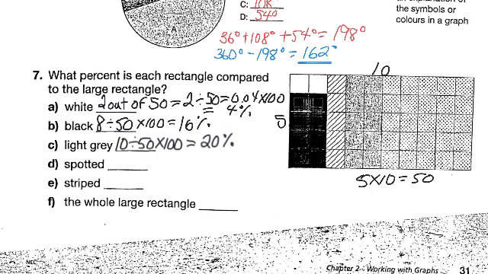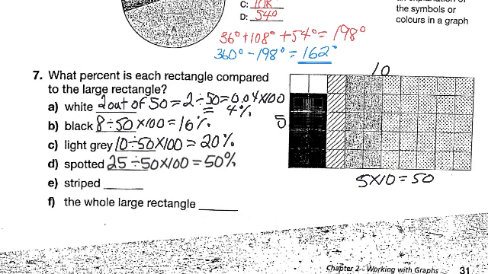Do the same thing with the spotted. Spotted ones are all these ones. So we've got 25. So 25 divided by 50 times 100 equals 50%.